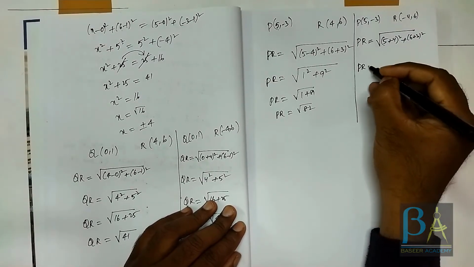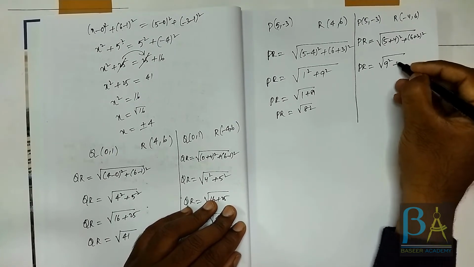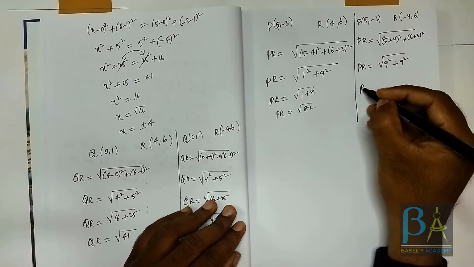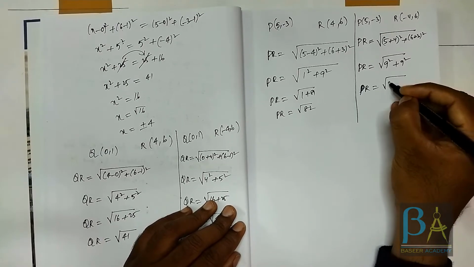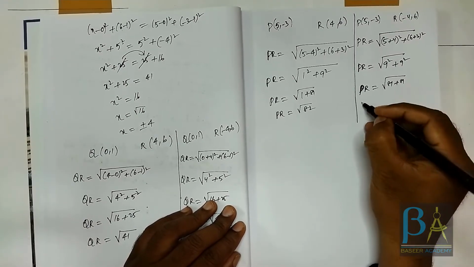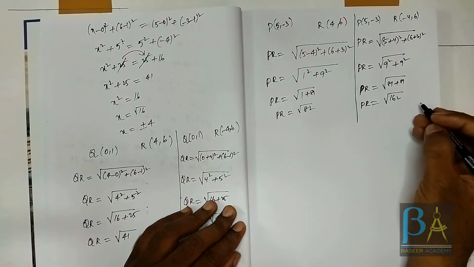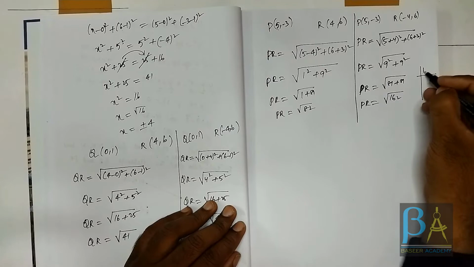So PR is going to be 9 square plus 6 plus 3 is 9, 9 square. So PR is going to be 81 plus 81, which is 162.